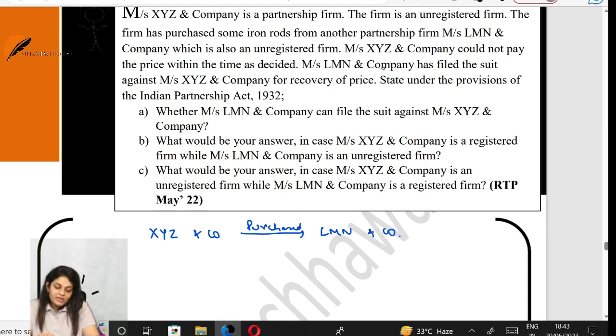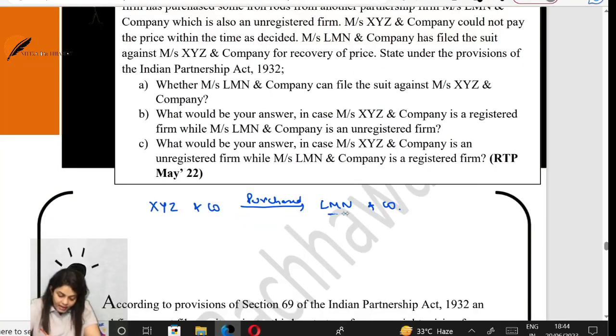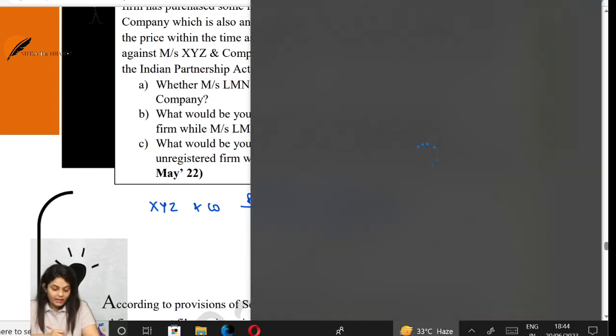Messrs. XYZ and Company could not pay the money. So Messrs. LMN and Company decided to file a case against XYZ and Company for the recovery of price. State under the provisions of the Partnership Act, both are unregistered. Can LMN and Company file a case against XYZ?